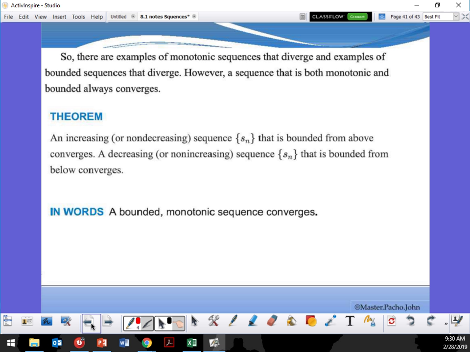A sequence that is both monotonic and bounded always converges. An increasing or non-decreasing sequence that is bounded from above converges. A decreasing or non-increasing sequence that's bounded below also converges.